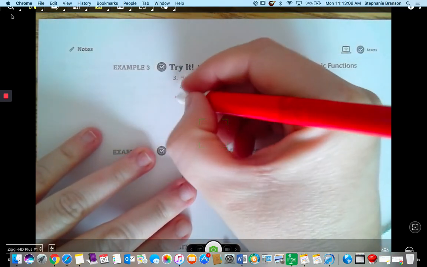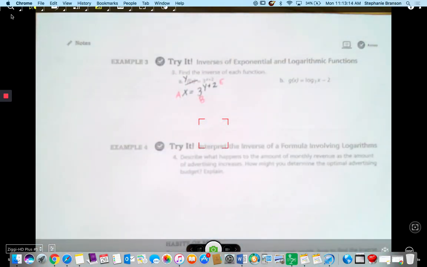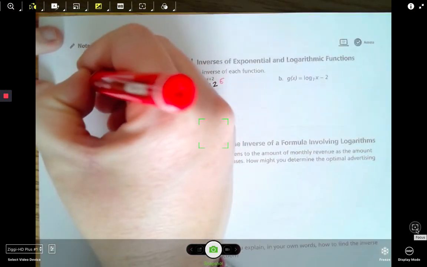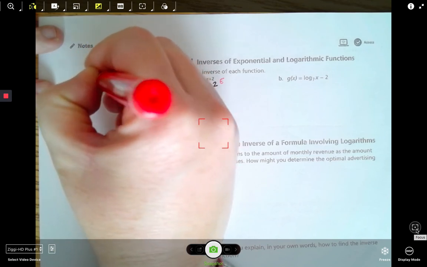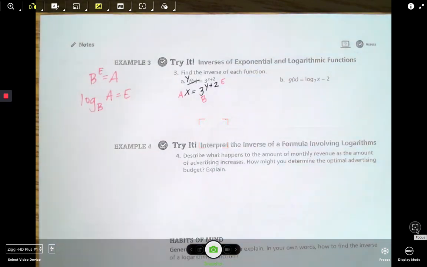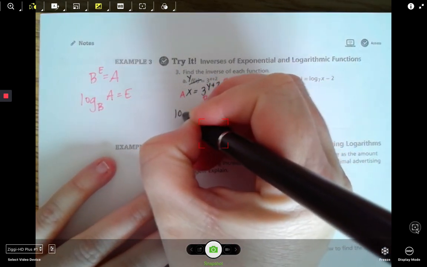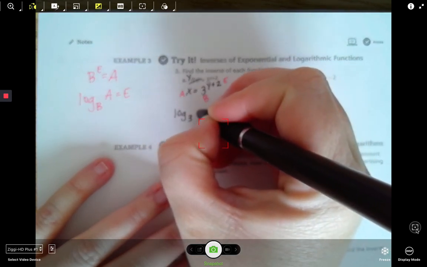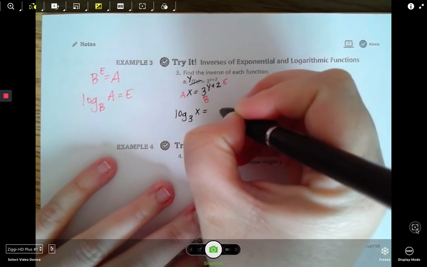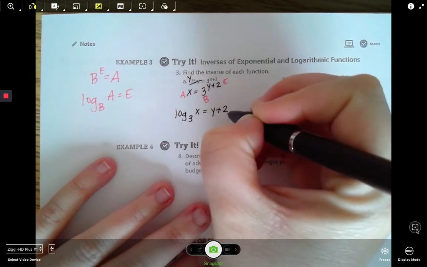Remember, this is B, this is E, and this is A, right? So if we write this in logarithm form, remember we had B to the E equals A, and log base B of A equals E. So if I rewrite it in log form, I now have log base 3 of x is equal to y plus 2.